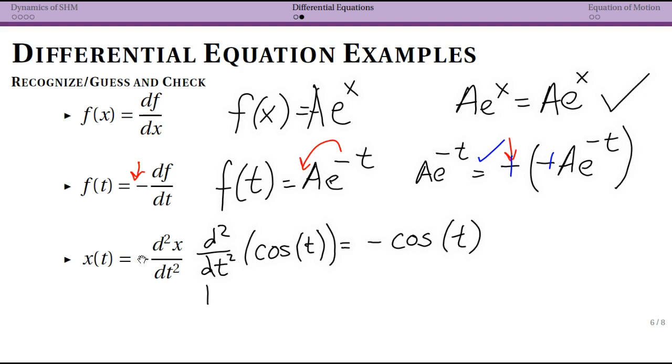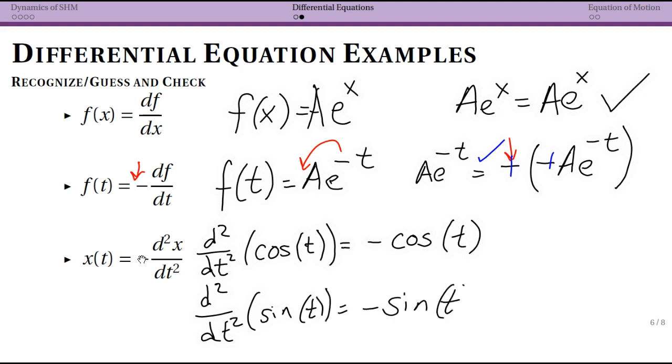However, one thing to be careful of is that the second derivative of sine of t is also equal to negative sine of t. So we have two solutions here, and one of the ways that we could generalize it is by adding them together. We could also actually just call this cosine of t plus phi, right? That's another way to make this more general.